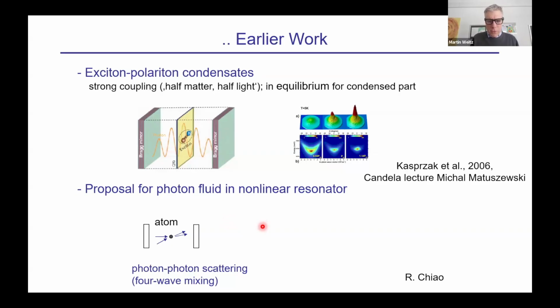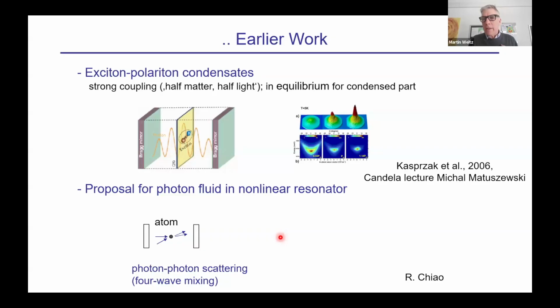What is closer to the work that I will be talking about is a proposal for a photon fluid in a nonlinear resonator by Chiao. What he suggested is to obtain a photon fluid that is thermalized by photon scattering, very similar to atom scattering or polariton scattering in polariton or atom BEC experiments.